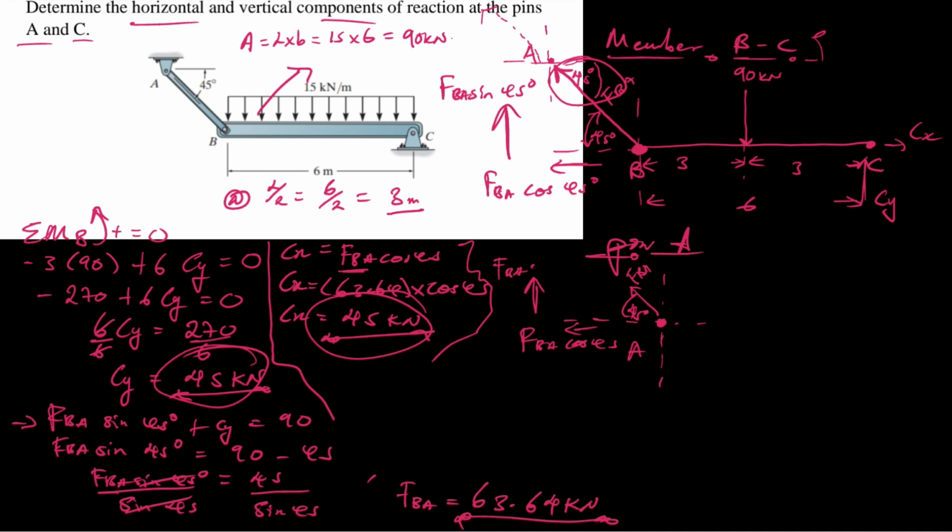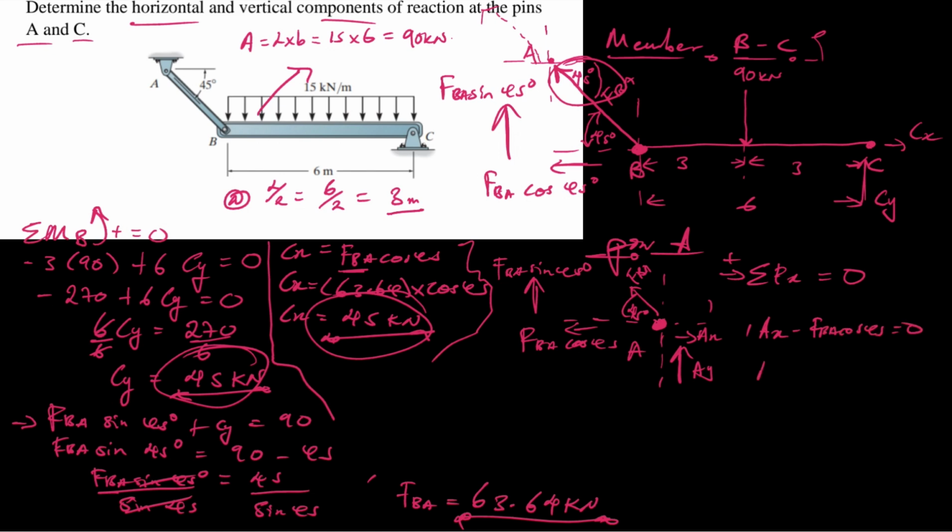FBA sine 45. If we do a global equilibrium check just on the pin, we can sum up the forces in the X, taking distance to be positive, which should be equal to 0. Now A is a pin, so we should have reactions in the Y as well as in the X. So sum up the forces in the X axis. So we have AX minus FBA cos 45 is equal to 0.